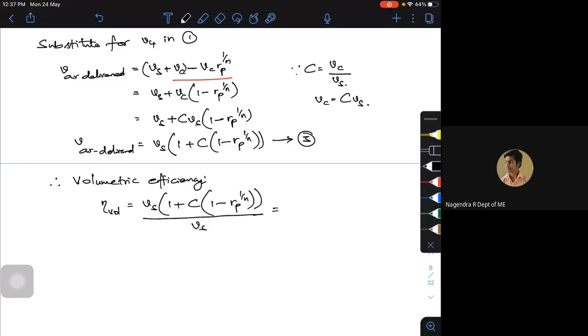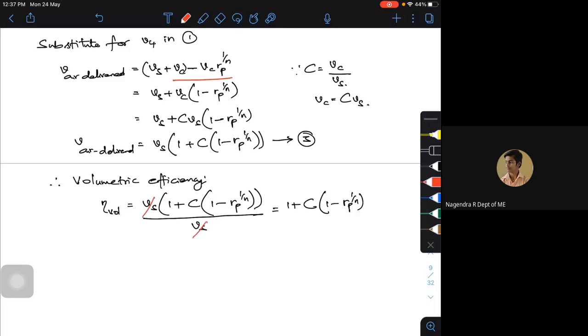So this will be 1 plus C, where C is equal to Vc by Vs, into 1 minus Rp to the power of 1 by n, because Vs simply cancels out.